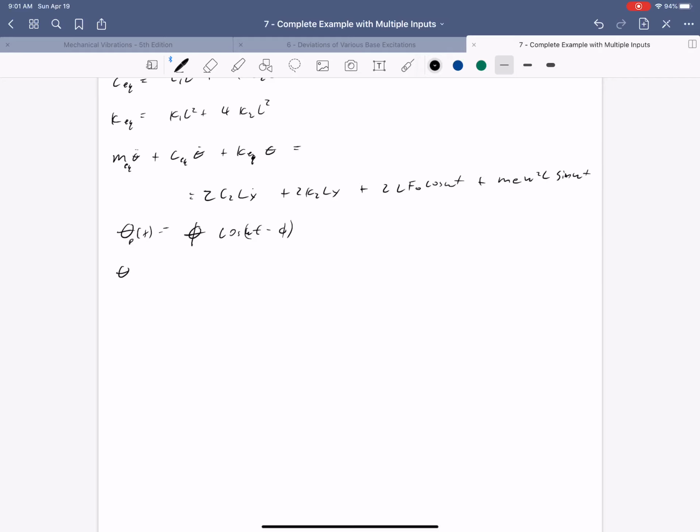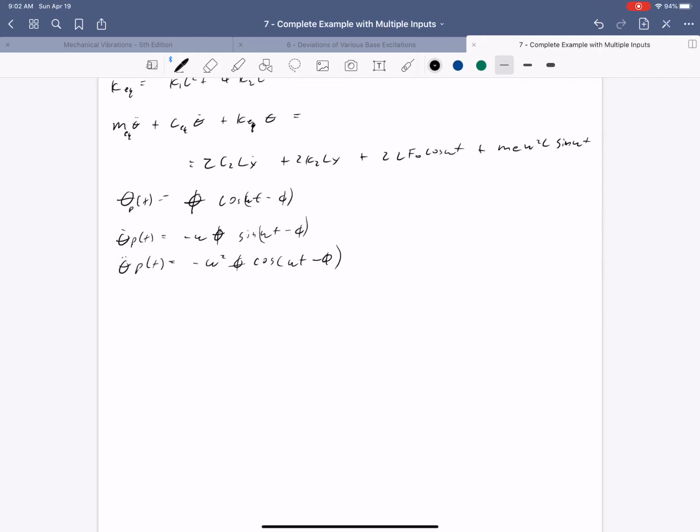And that means that theta dot p is equal to negative omega capital theta sine omega t minus phi, and then theta double dot p of t is equal to negative omega squared capital theta cosine omega t minus phi. Like I said, I'm sorry, I don't know what a capital theta is supposed to look like, so I'm just drawing it like that to make that distinction.